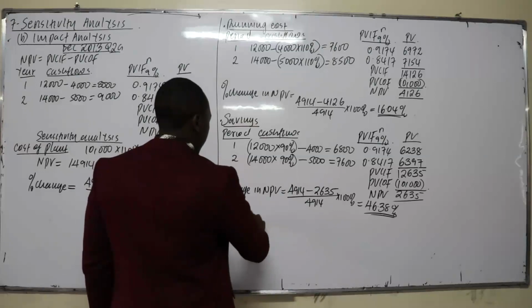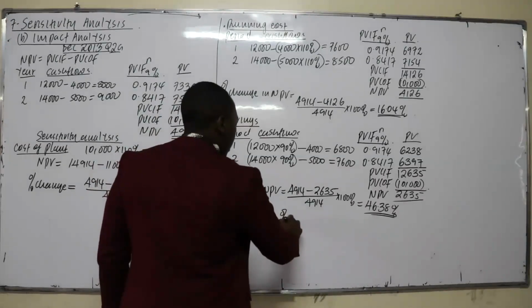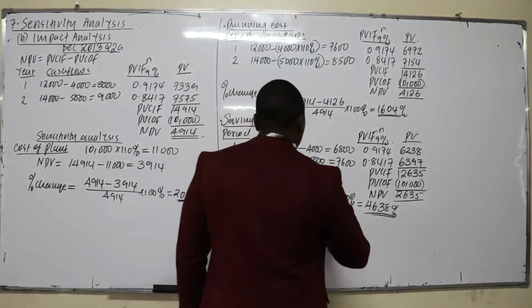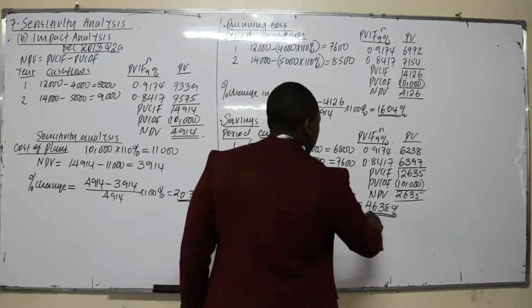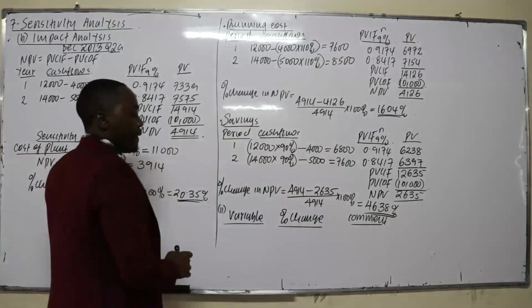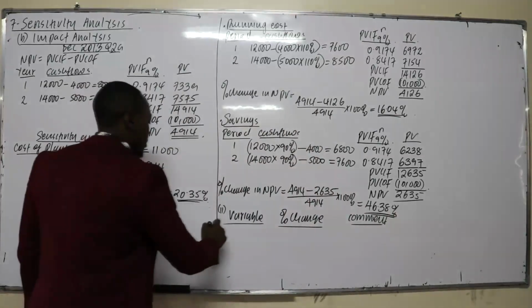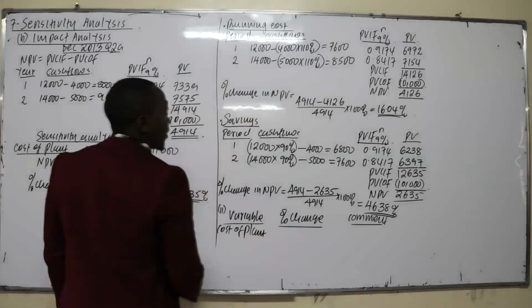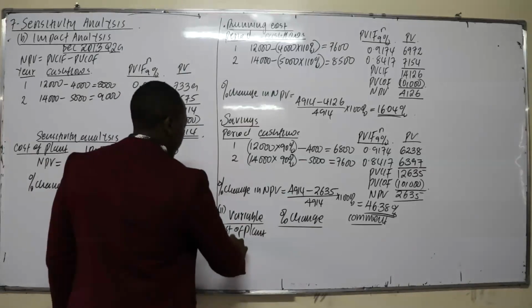Here we had 3 variables. We have the percentage change in NPV, and then now we can comment. The first one was cost of plant. Then we had the running cost.